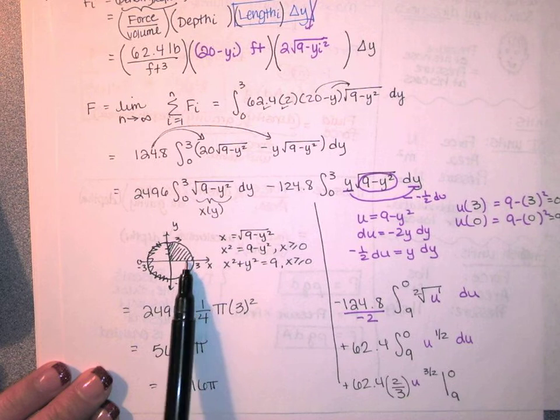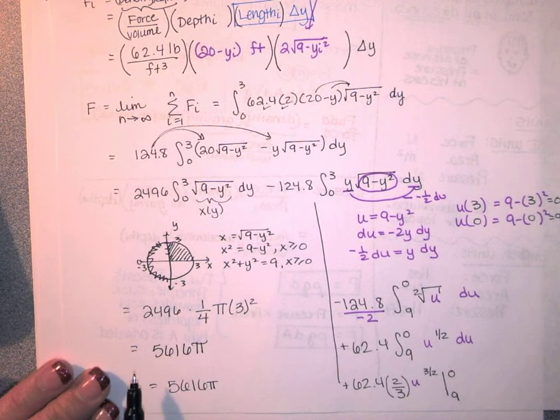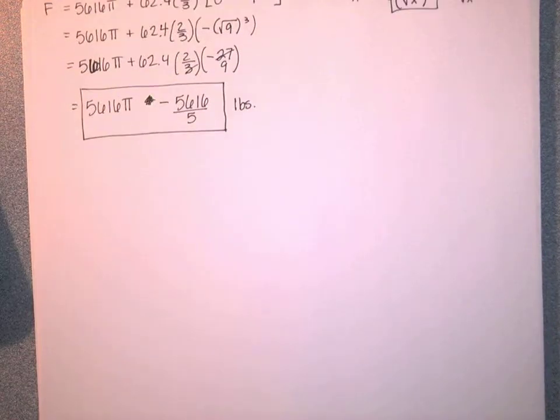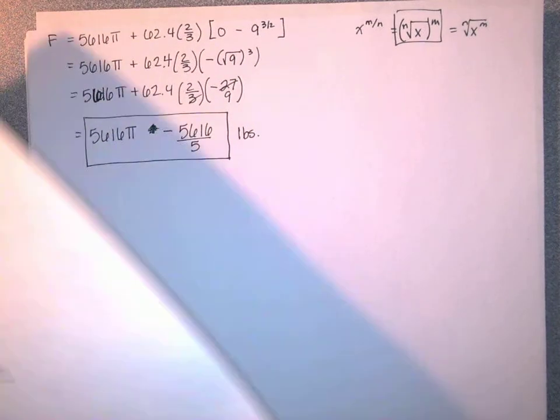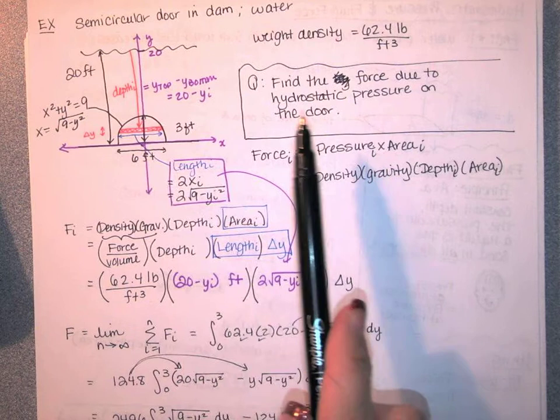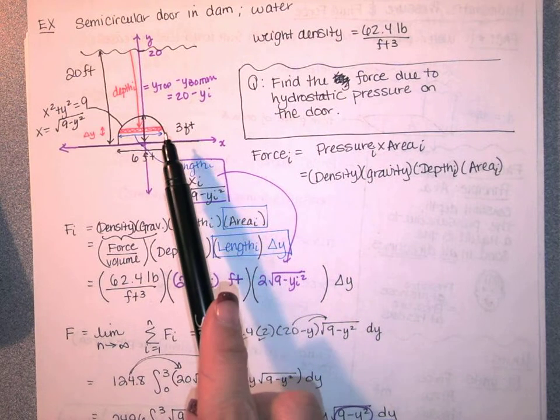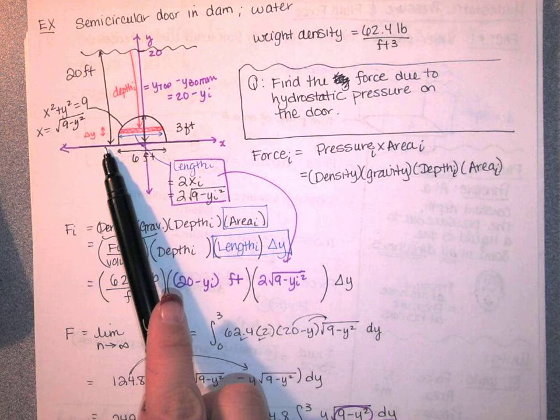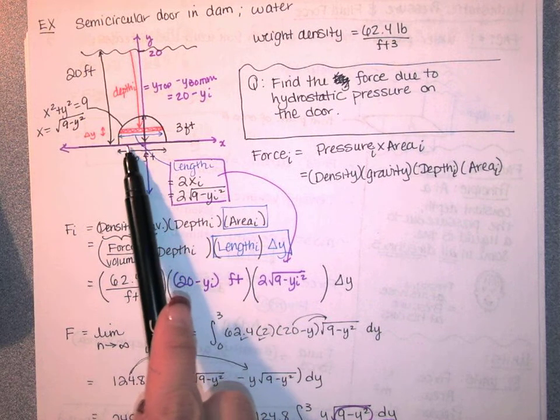I didn't have to do trig sub at all, but I got the same area. So we evaluated this, and we put the pieces together to get the force due to this water acting on this semicircular door, which is about 20 feet underwater. The bottom of the door is 20 feet underwater.